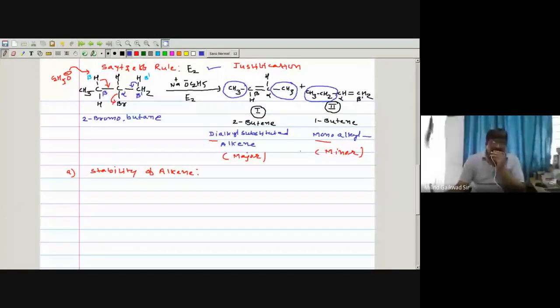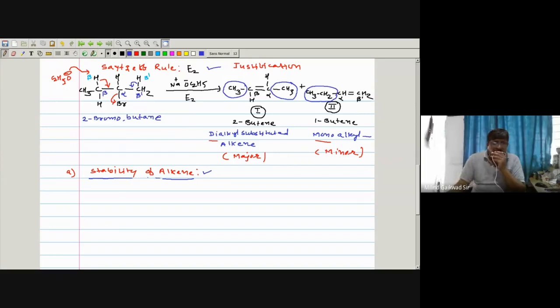So you know, if this undergoes elimination, the elimination takes place in such a way that there is a formation of a more stable compound. So you have to check whether the stability of 2-butene is more or that of 1-butene is more. So we can explain the formation of the major compound by using the stability of the alkene. The more stable the alkene, the more major the product, right?